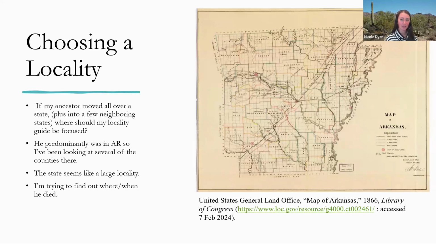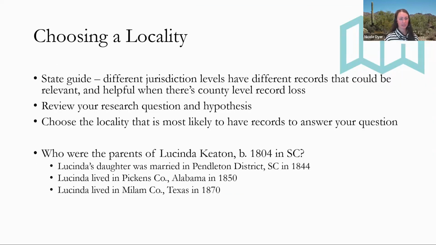So, yeah, you could do a state guide. That was your idea, to do a state guide for all of Arkansas. And with looking for the death of somebody, you're right, it probably would be more helpful to have a more specific county level location. But if you don't have that information yet, then you could do a state level guide.